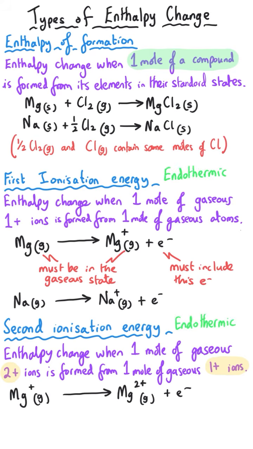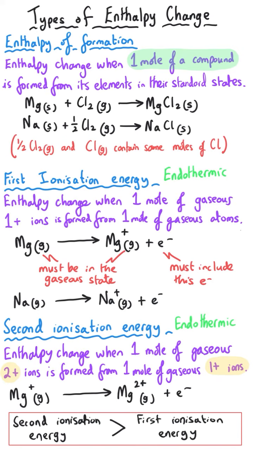Ionization is always an endothermic process, since we're having to overcome the electrostatic attraction between the nucleus of the atom and that outer electron that is being removed, and that always requires energy. And the second ionization energy is always going to be larger than the first ionization energy.